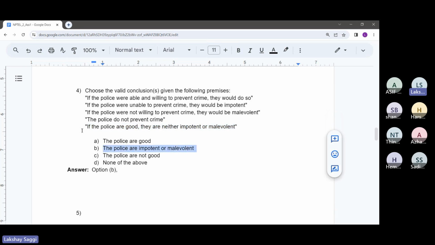So this also implies that they are not good. So option B, comma C is actually the correct answer. So since police were impotent or malevolent, they are also not good because of this last statement.